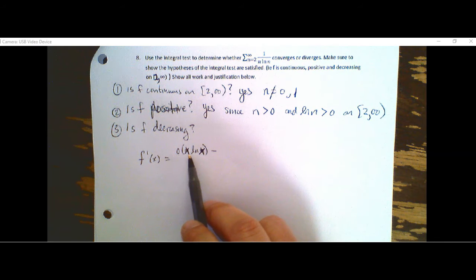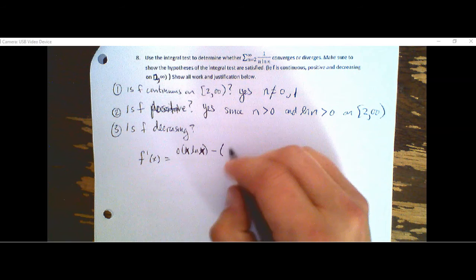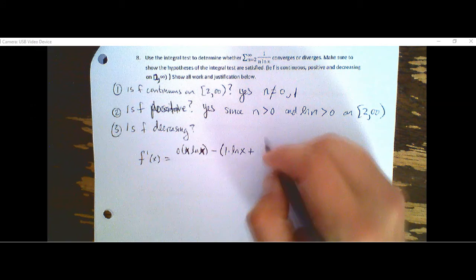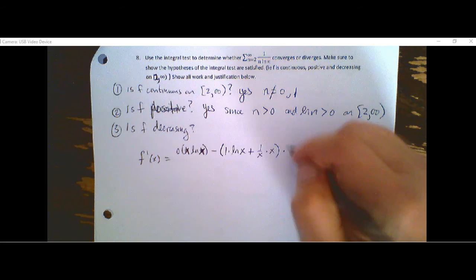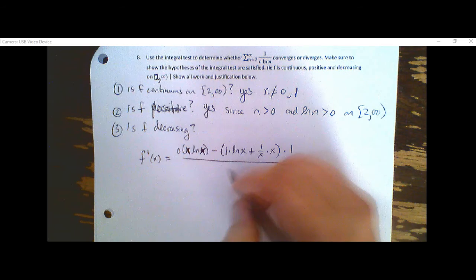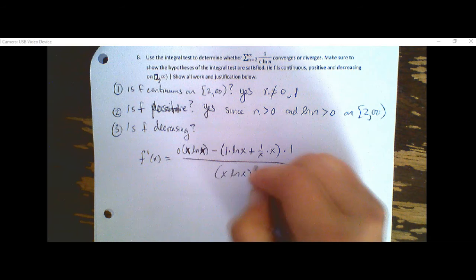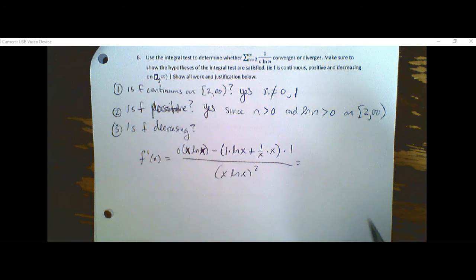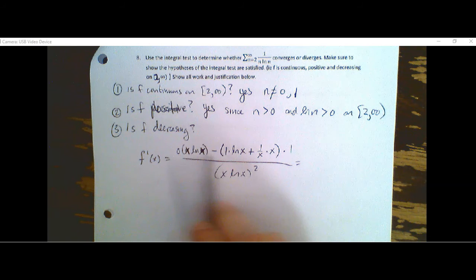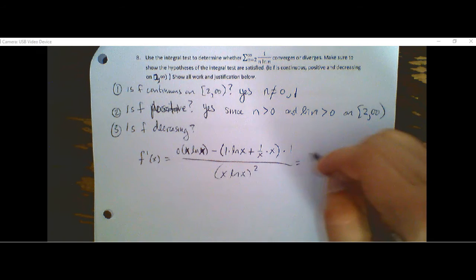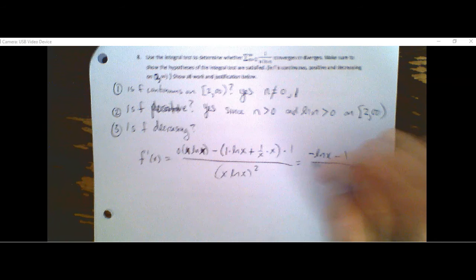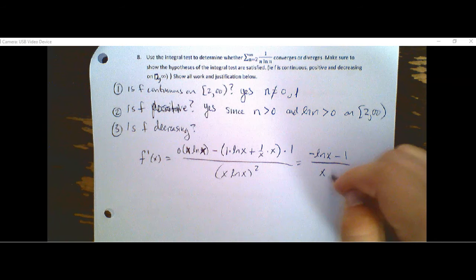Derivative of the bottom would be derivative of the first times the second plus the derivative of the second times the first, times the top, over bottom squared. So 0 times that just wipes that out. This would be negative natural log of x minus 1 over the bottom squared.